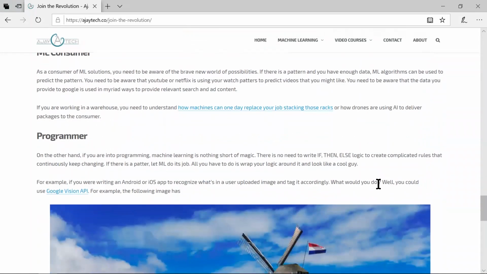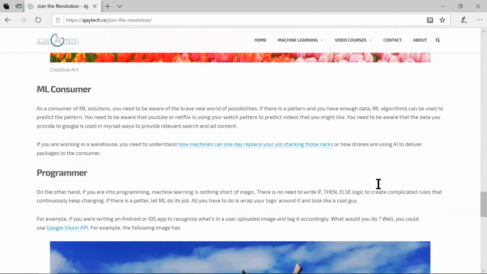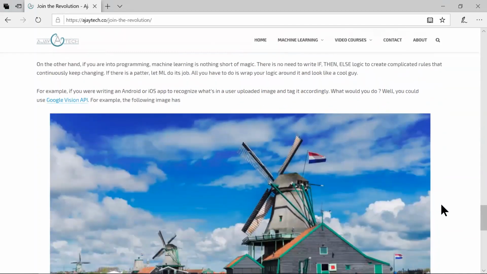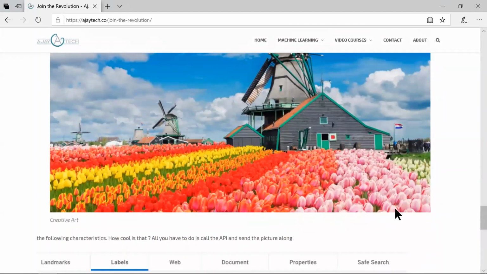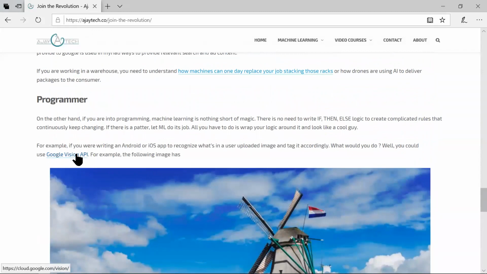All right. So, like I said, we need to be aware of machine learning as a consumer, as a programmer as well. Now, let me give you one simple example. If you go to this Google Vision API, you can click on that link whenever you're free.